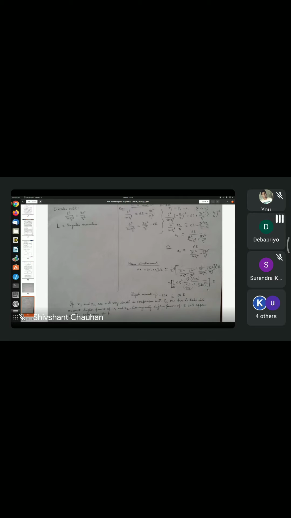So that would be just n times alpha E. In other words, capital P, which is the polarization, is proportional to the imposed electric field.